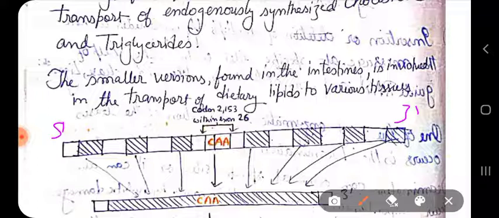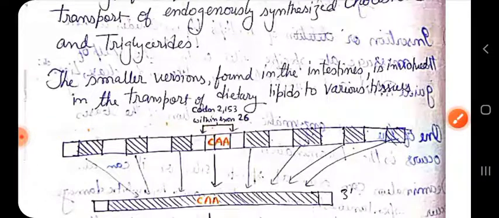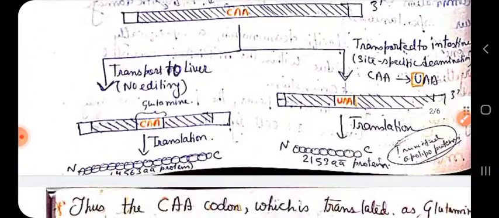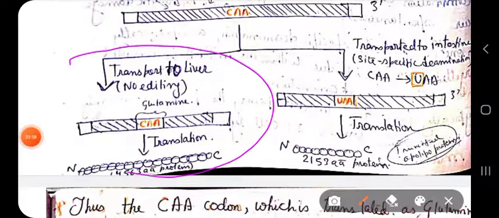Now, within the liver, the fully functional, full protein of apolipoprotein B is formed. In the liver, full translation of the mRNA coding for apolipoprotein B occurs because there is no deamination reaction occurring within the liver.